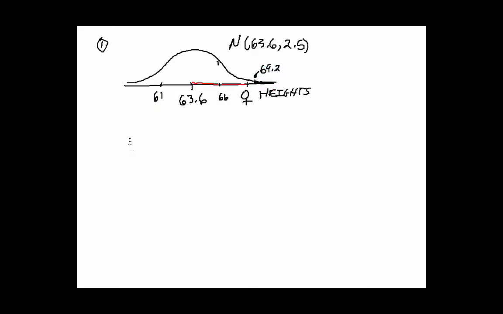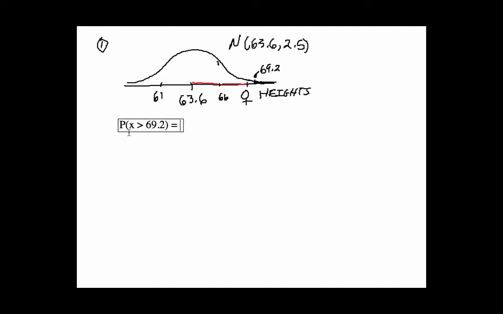In the language we were just using in the previous problem, what I'm asking for is the proportion of x's that are greater than 69.2 in the females distribution. That's what we're looking for.